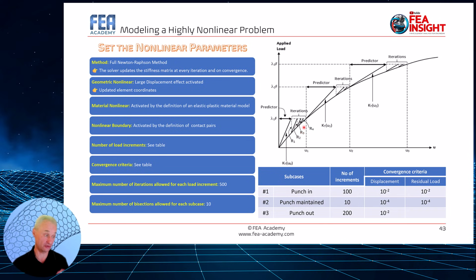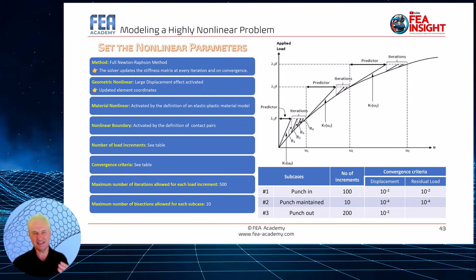If the solver is not able to find the solution, the solver will split the load increment in two, and will try to find the solution for this split. When I say split, the real name is bisection. The maximum number of bisections allowed for each subcase is 10.